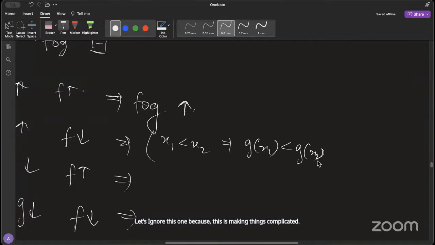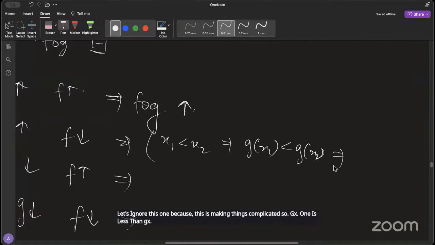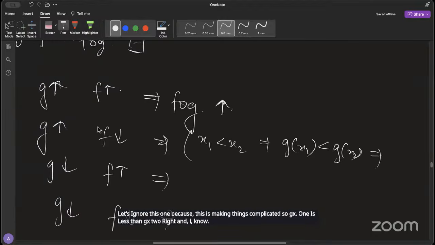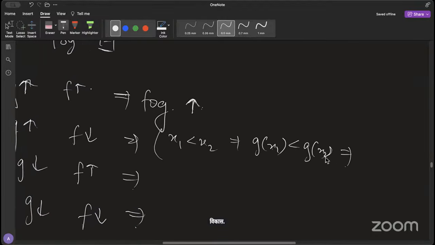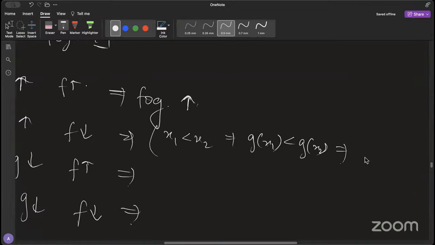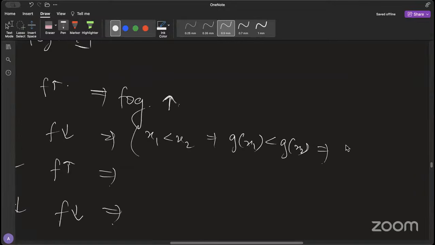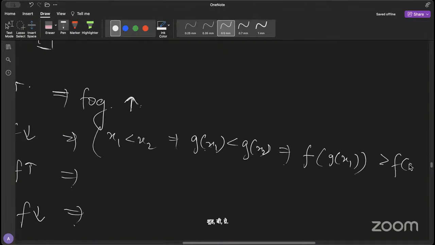So g(x1) is less than g(x2), right? And because g is an increasing function, we haven't changed the sign of the inequality. Then we'll apply f, and f is a decreasing function. That's the definition of decreasing functions, right? If g(x1) is less than g(x2), then f of g(x1) should be greater than f of g(x2), right?